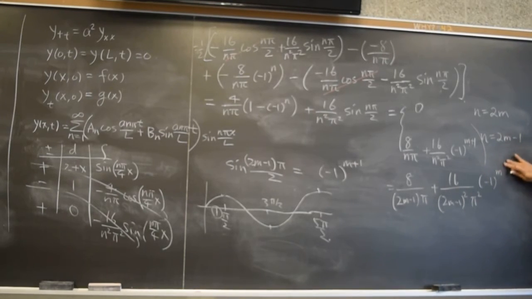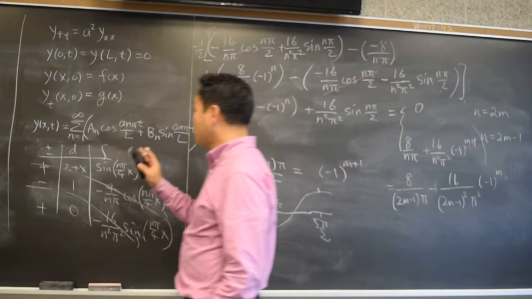Or if you want, you can make this a minus, because losing one of the negative 1s, you can rewrite this as negative 1 to the m times negative 1 to the first power, and the negative 1 can be brought out here. Okay? So that's what we have.